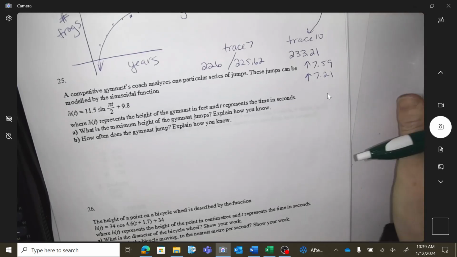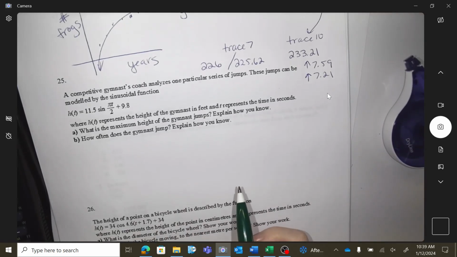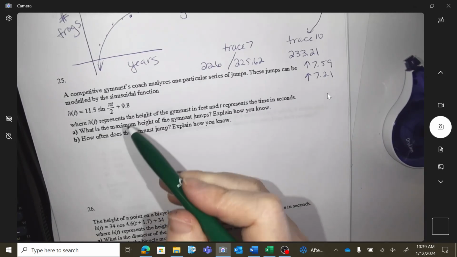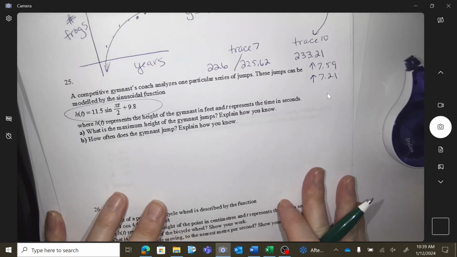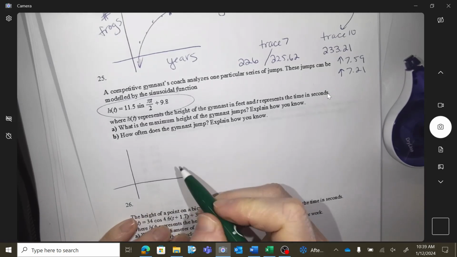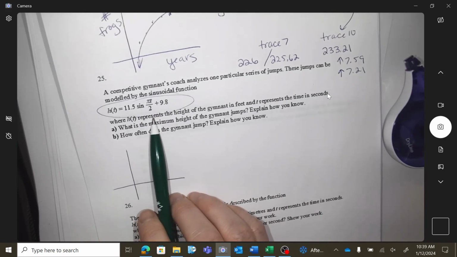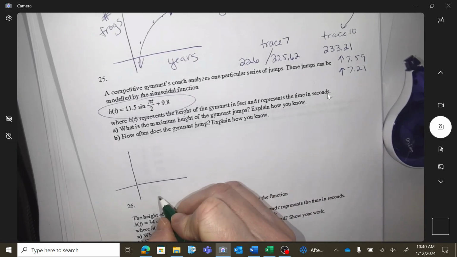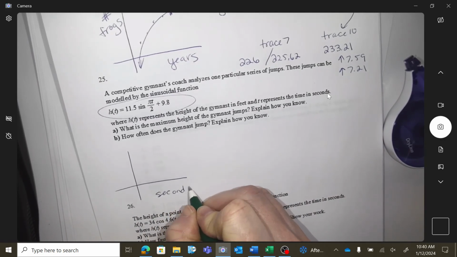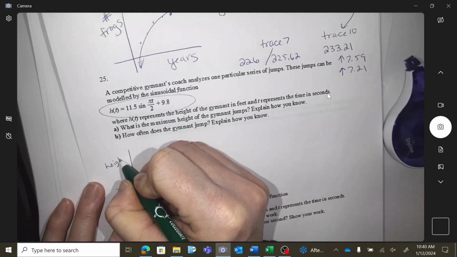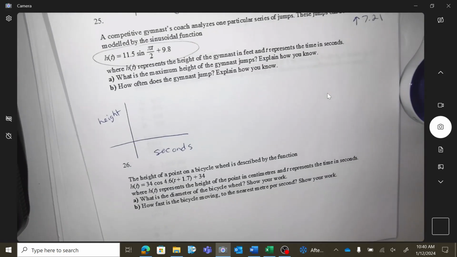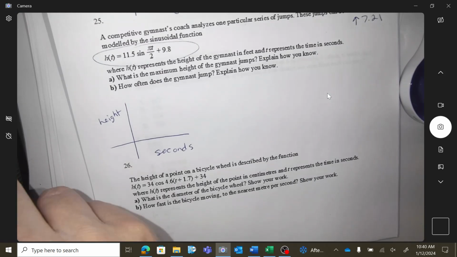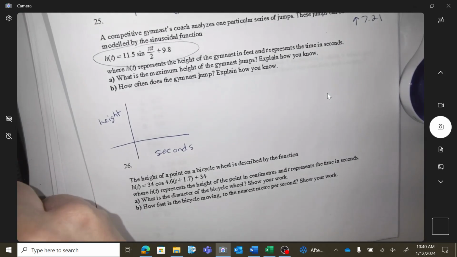Okay, let's do another sinusoidal. Okay, we are given the equation where this is the height of the gymnast and t is the time in seconds. Okay, we need a y equals.